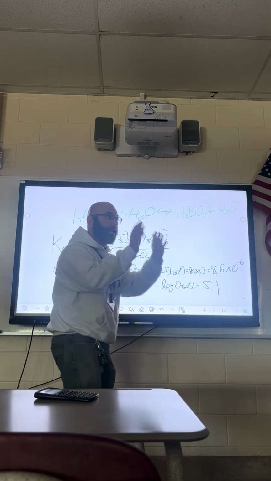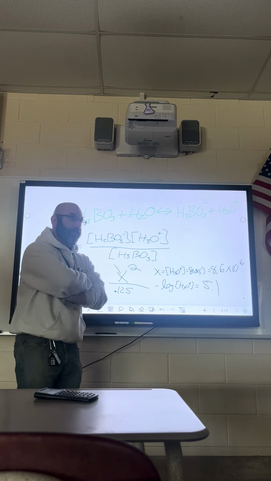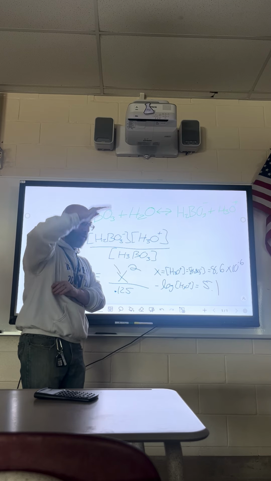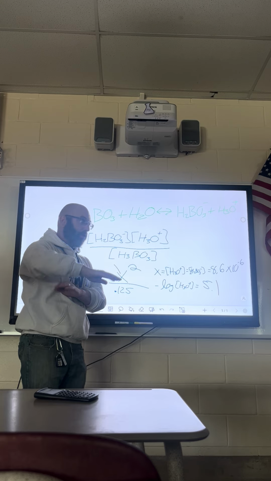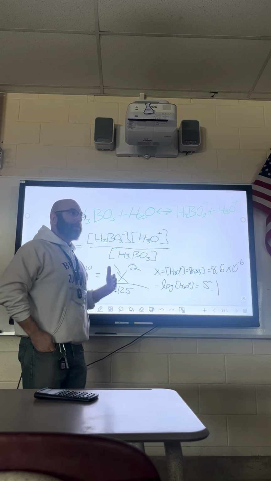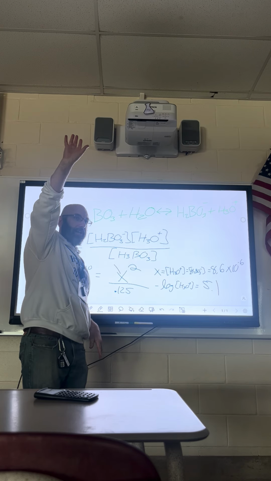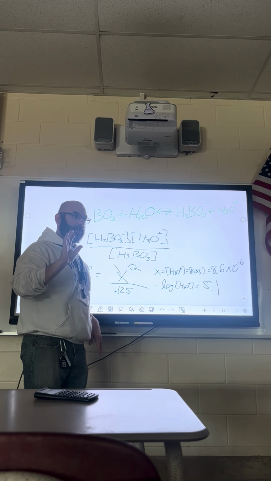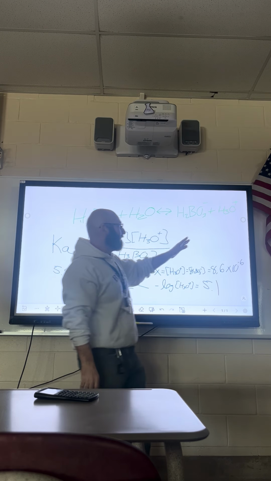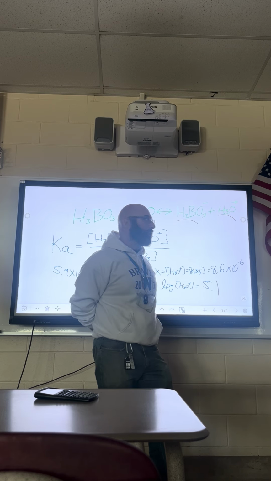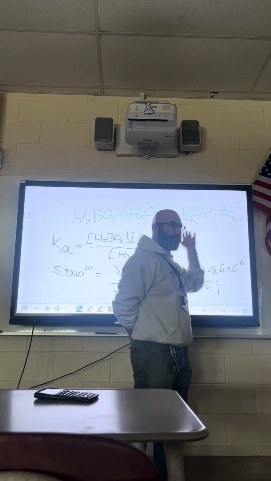So forget about chemistry for a second. A percent is just an individual over the total. If you want to find the percent that something ionized, you need an ion over the total. Does it technically matter which ion you use? No, because these show up at the same rate.